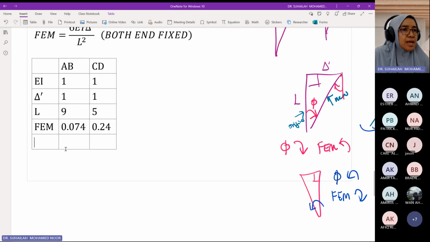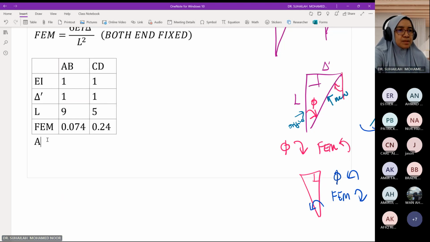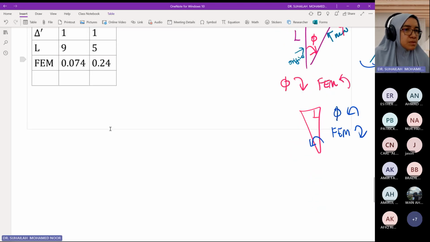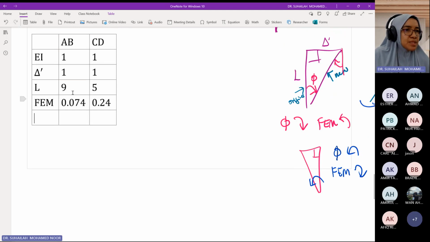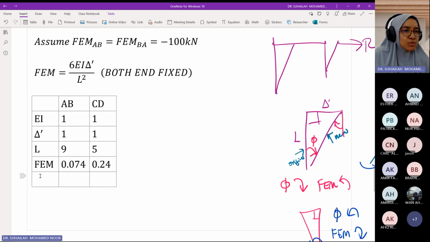Okay, then the assumption that we made, remember the assumption. AB earlier was negative 100. So if AB is negative 100, what is CD? See? This is interpolation.